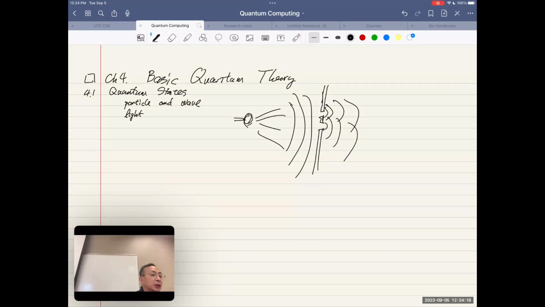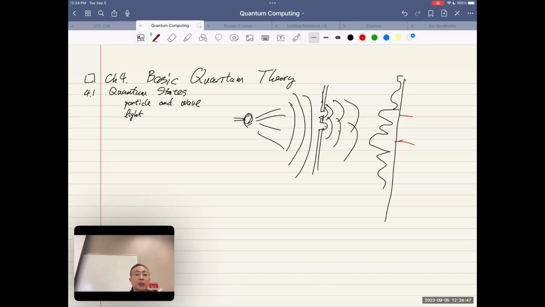When we observe the intensity after the double slit, the intensity corresponds to the slits.